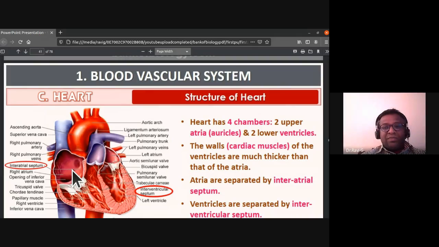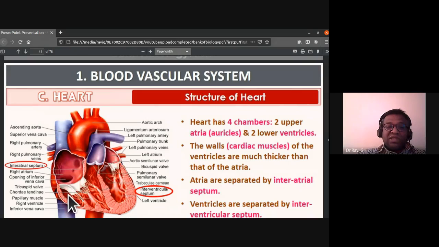So the heart has four chambers, the two upper auricles and two lower ventricles. The walls, the cardiac muscles of the ventricles, are much thicker than those of the atria.